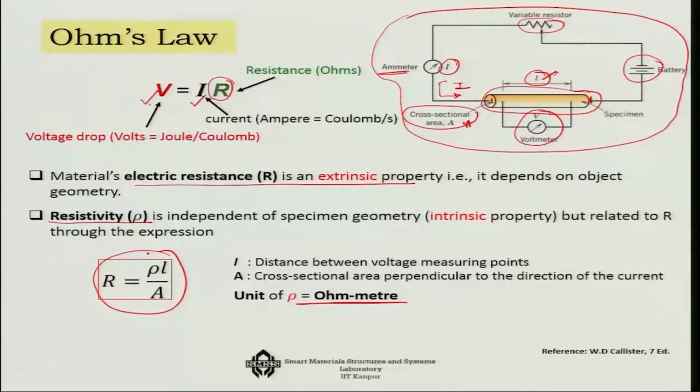So, once I know this material property of resistivity, and the length of the material in wire form and the cross sectional area, I can find out the actual resistance it will offer when you pass a current across it.